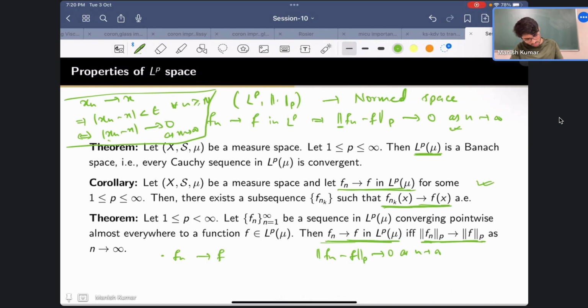Fn is a sequence which converges almost everywhere, so this is an important assumption. You need this. So if Fn converges to F pointwise almost everywhere, then Fn converging to F in LP is equivalent to saying that norm of Fn converges to norm of F. So this is an equivalent definition of convergence.